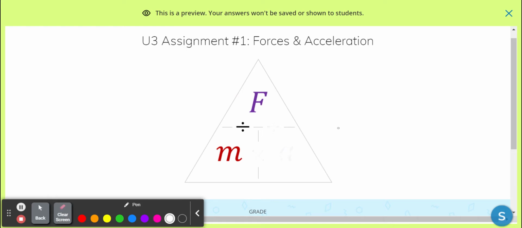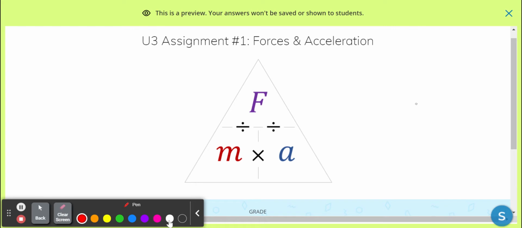If you are familiar with algebra, you could take F equals M times A and divide both sides by mass, and you'll get this same equation: F divided by M equals A. But a lot of people find that they're not huge on algebra, so I think it's more important to focus on using the equation and knowing how to plug it in. So acceleration would be equal to force divided by mass.